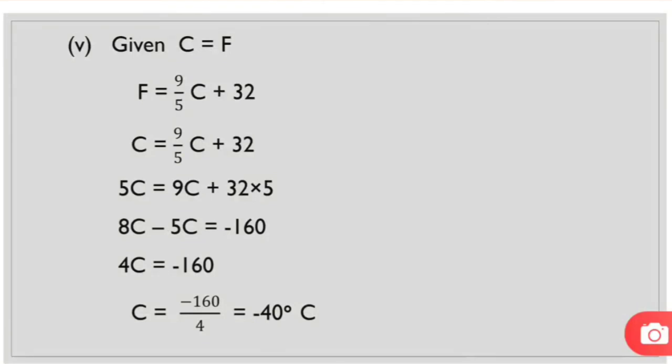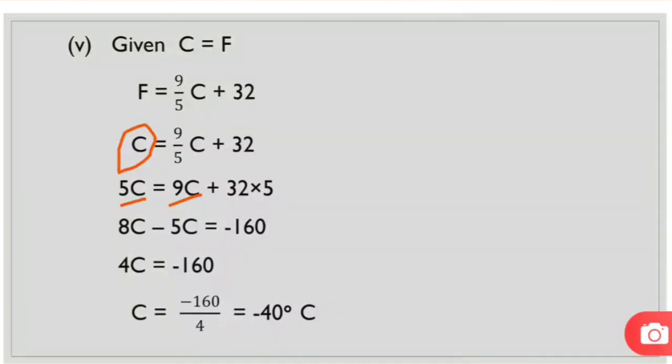So in place of F we take C, so we'll get C equal to 9 upon 5C plus 32. Taking the LCM, we will transpose 5 to C, so it will become 5C. This already has the denominator 5, so it will become 9C, and multiplying 5 by 32, so 32 into 5.